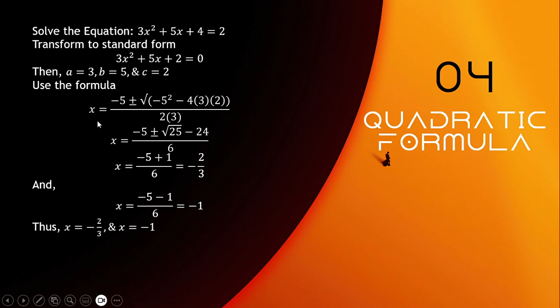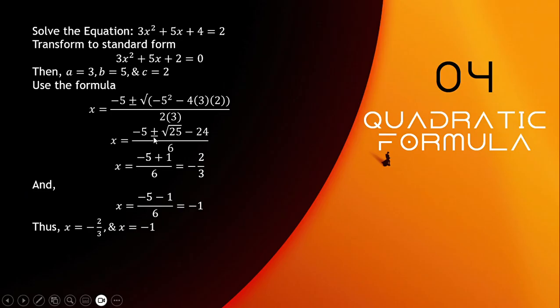So, using the formula, x is equals to negative b, which is 5, plus and minus square root of b squared minus 4a tsaka c. 4 times 3 times 2. So, dito naman sa baba is 2a, which is 3.